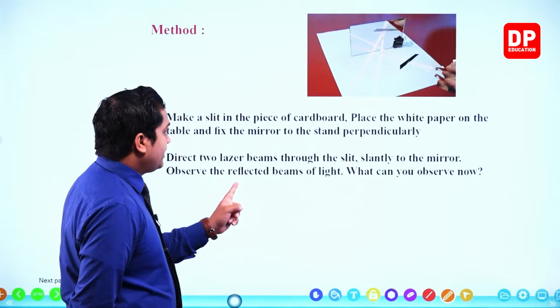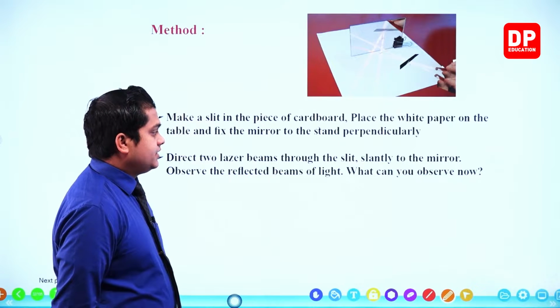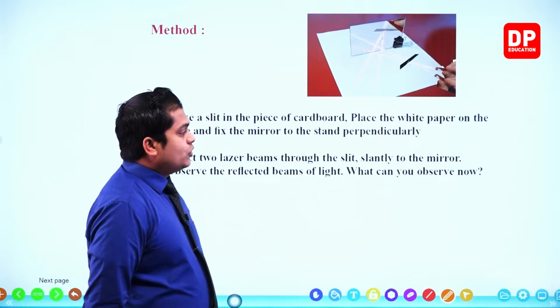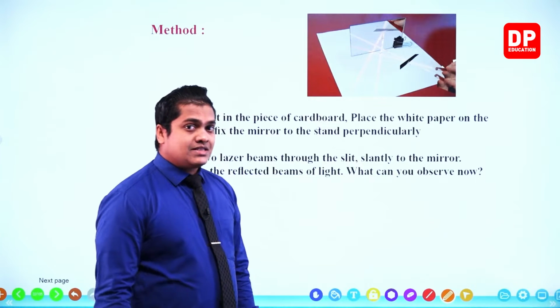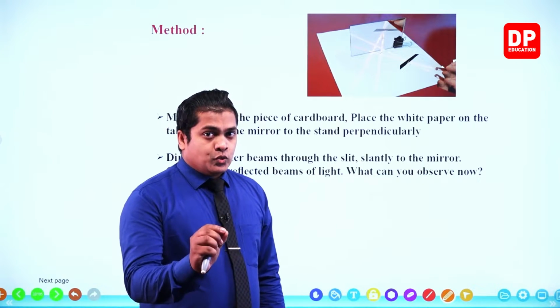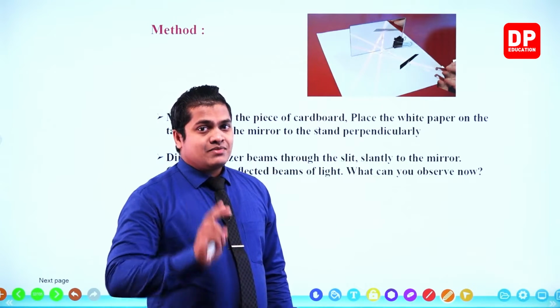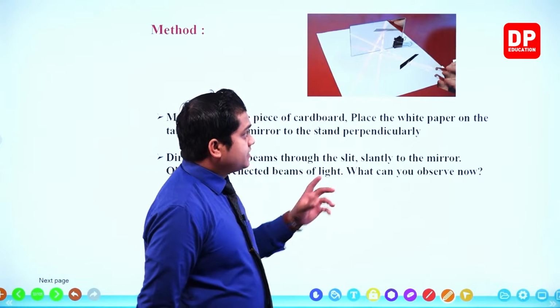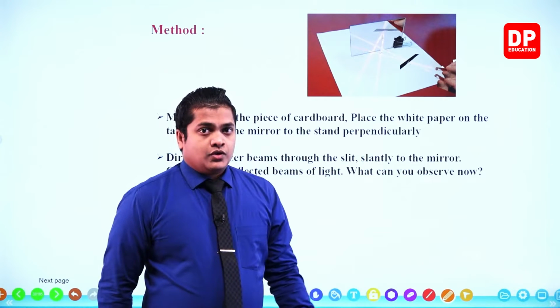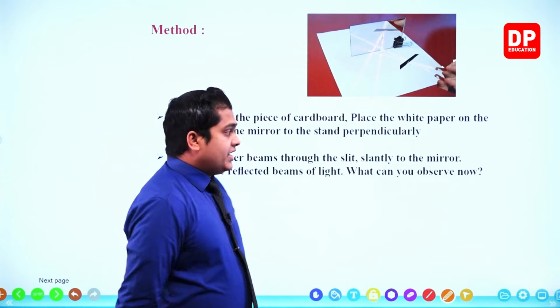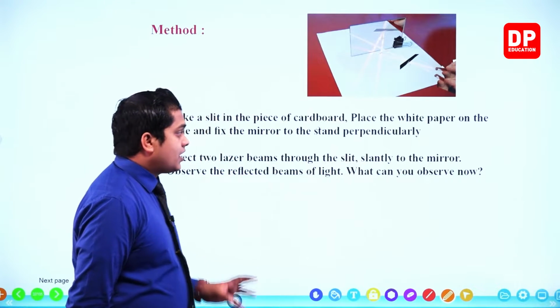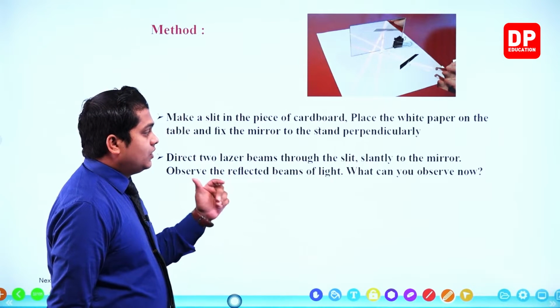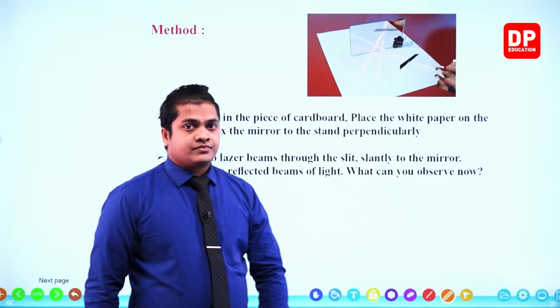Observe the reflected beams of light. What can you observe now? This time we are going to use two laser beams. We are going to direct two laser lights like this, and, my dear children, now you have to observe what is going to happen.